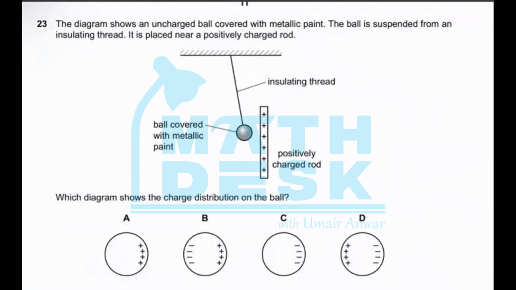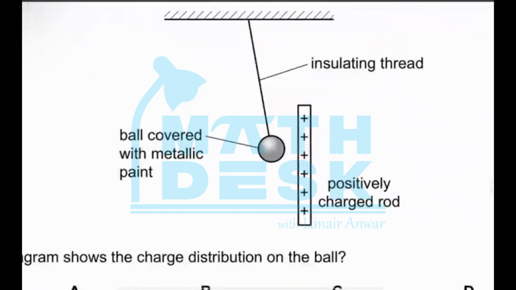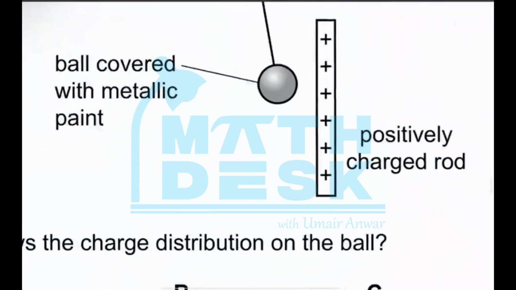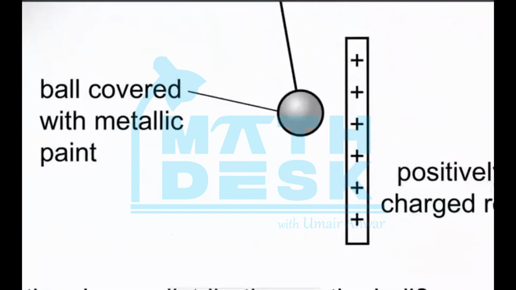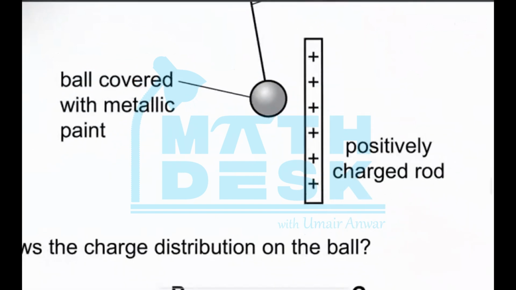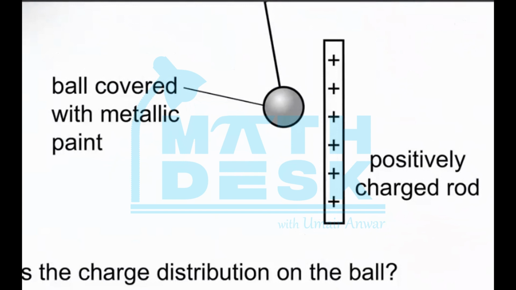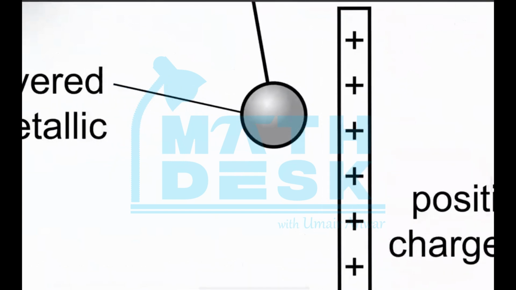Now, since the ball is being attracted by a positively charged rod, there would be a buildup of negative charge near this positive charge, because these positive charges are attracting the negatively charged electrons. And the deficiency of electrons on the opposite face would induce a positive charge on the opposite side of the metal ball.